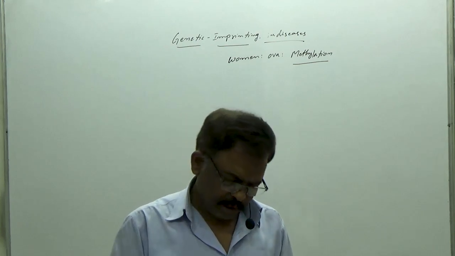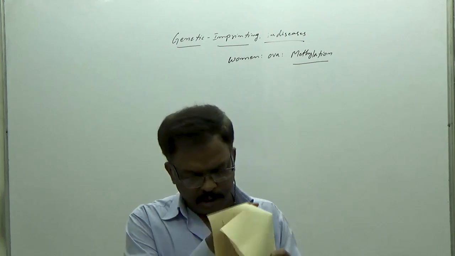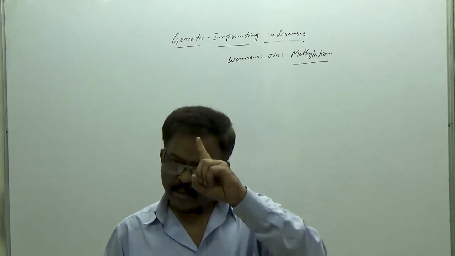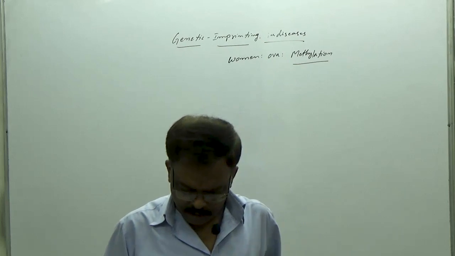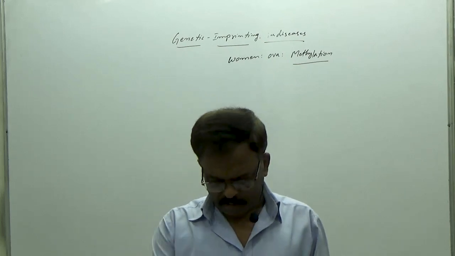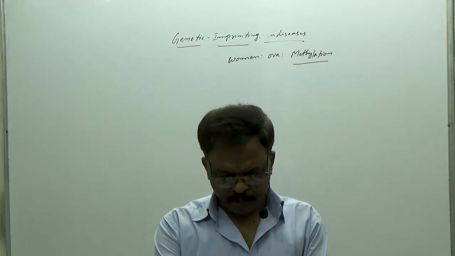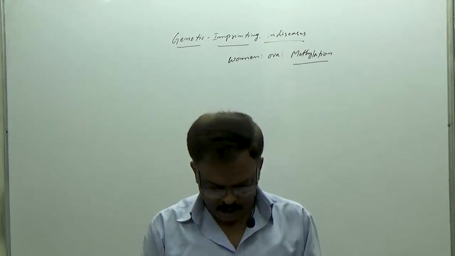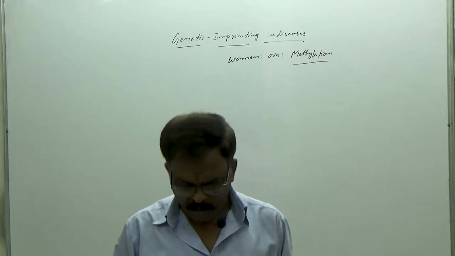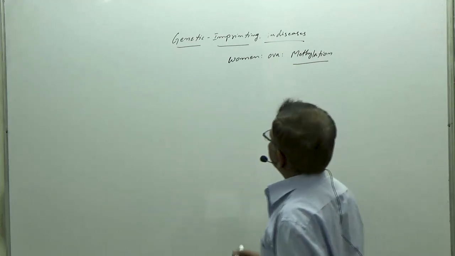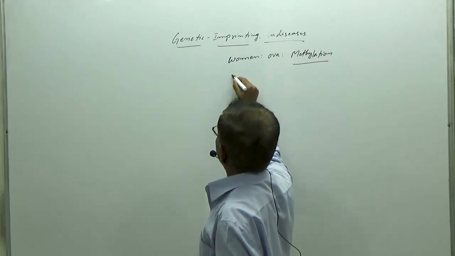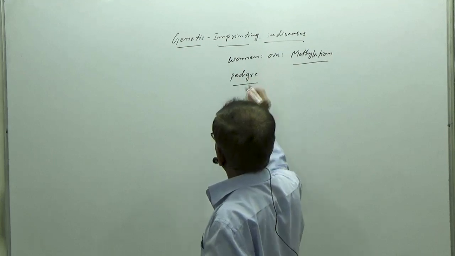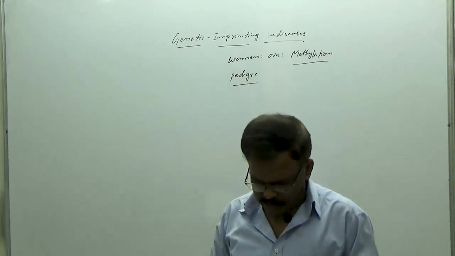What is this genetic counseling? We discussed it already in pedigree analysis. In pedigree analysis, the researcher, the geneticist, after collecting the family history by using some specific, internationally accepted symbols, constructs the pedigree. Why does he construct the pedigree analysis?